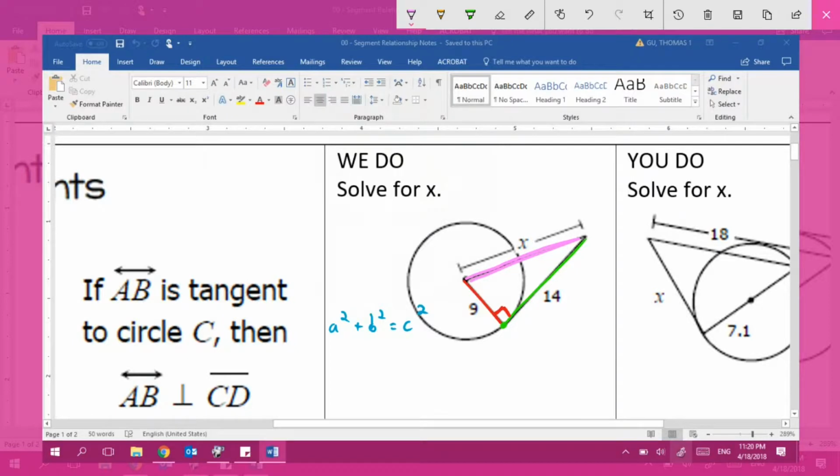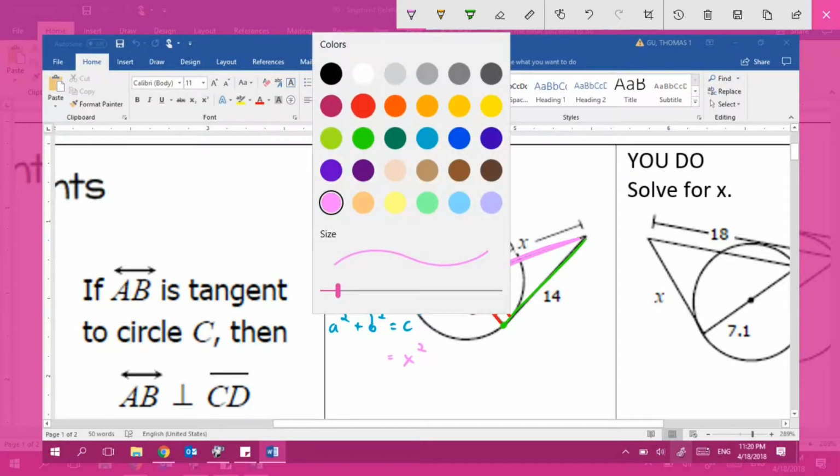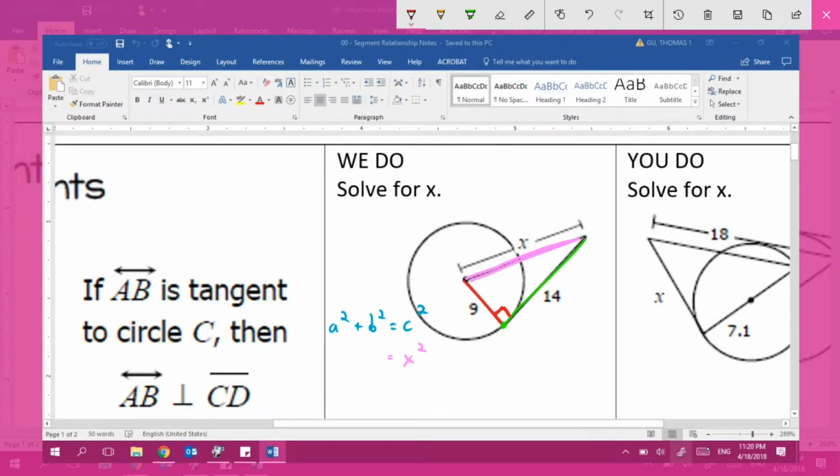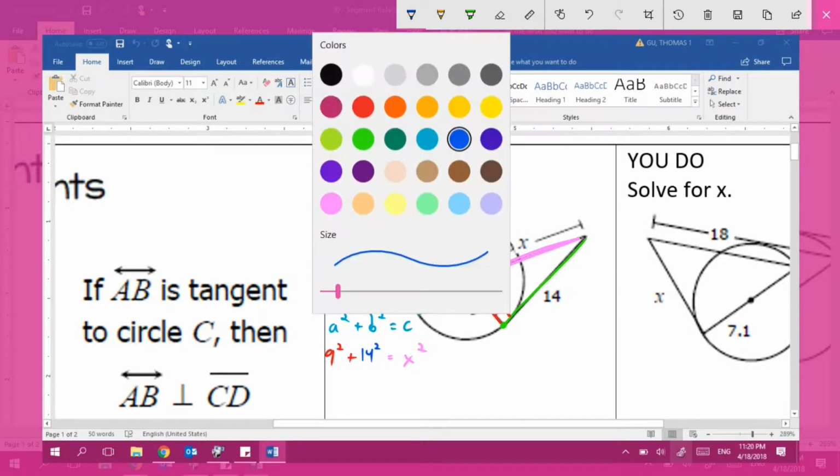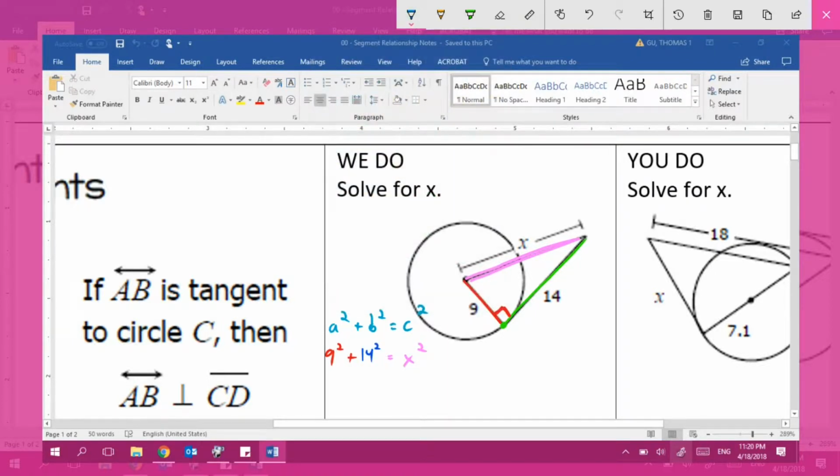I don't know what that is, so I'm just going to leave that as x squared, equals. A and b are just the two other sides, so I'll put 9 as a, so 9 squared, plus b, let's just put 14, so 14 squared. Then we're just going to solve this out. 9 squared is 81. 14 squared is 196. 81 plus 196 is 277. 277 equals x squared.